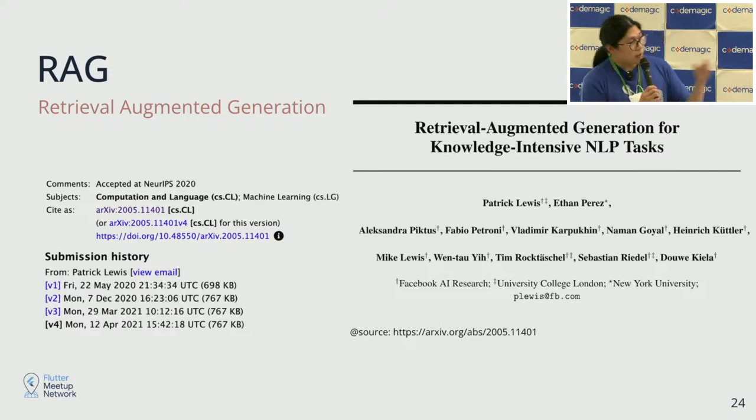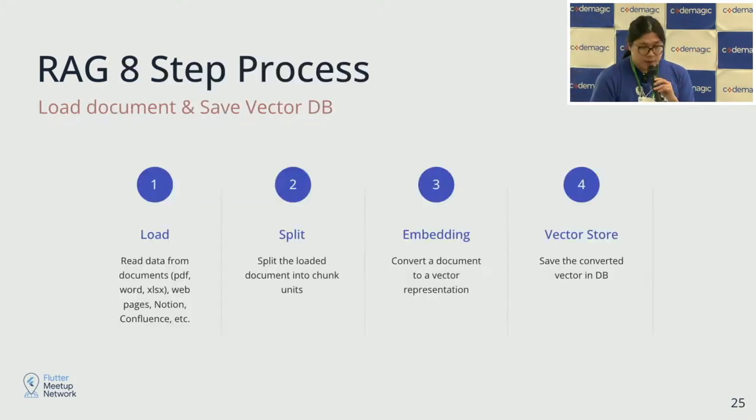The paper was published at the NeurIPS conference in 2020, and he is now at Cohere AI. You can refer to this paper to understand more about RAG. Today I have divided the basic RAG technique into 8 steps. Let me walk you through the basic RAG steps. The first step is to load the data.